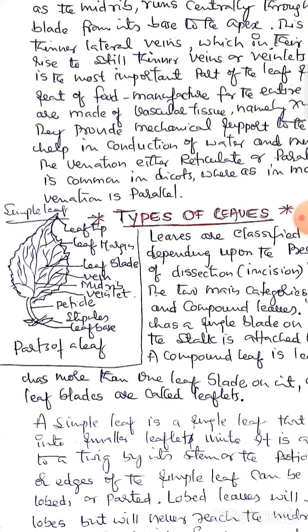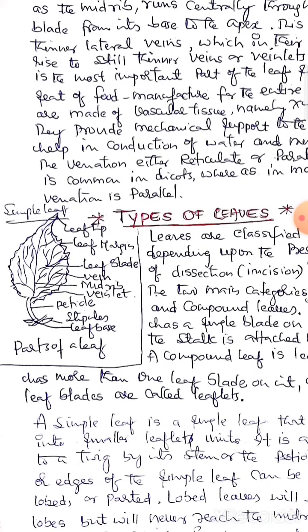A simple leaf has a single blade on its stalk, and the stalk is attached to the plant body. A compound leaf has a leaf stalk and more than one leaf blade on it. These multiple leaf blades are called leaflets.